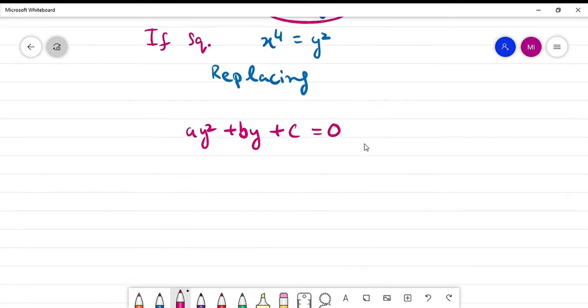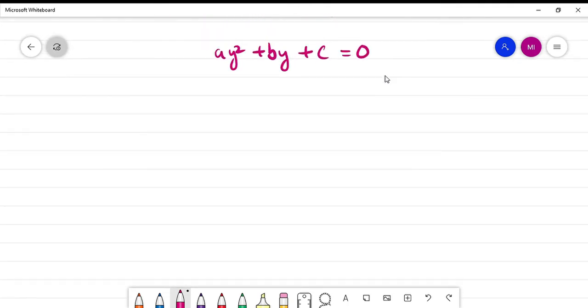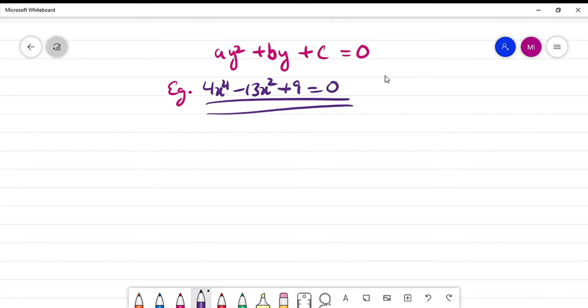Let's see an example. Let's say we have 4x to the 4th minus 13x squared plus 9 is equal to 0. This is in the form ax to the 4th plus bx squared plus c.